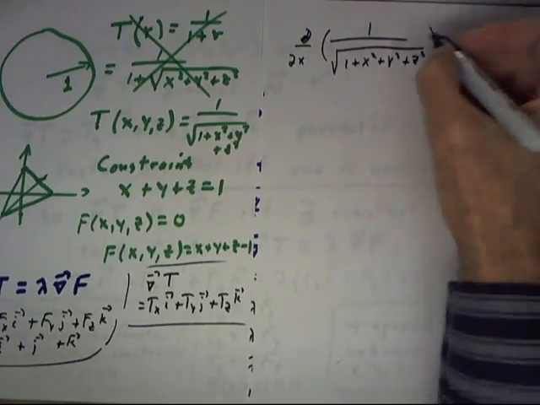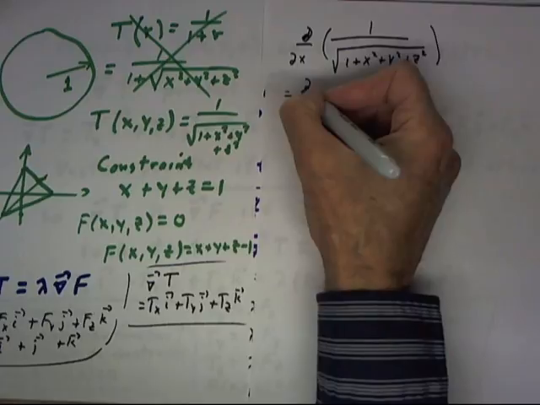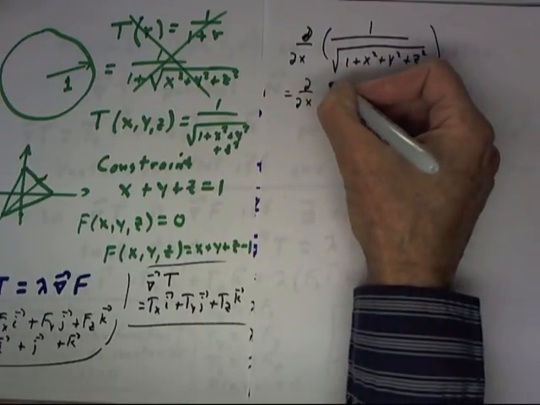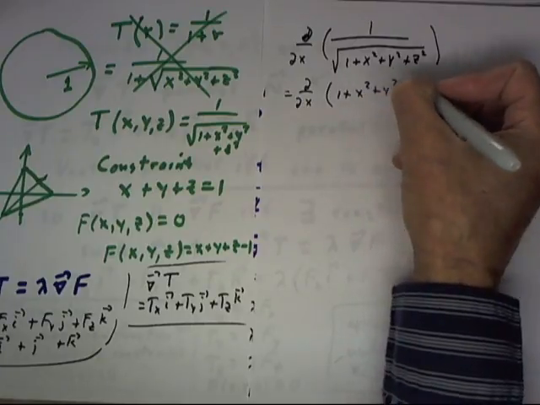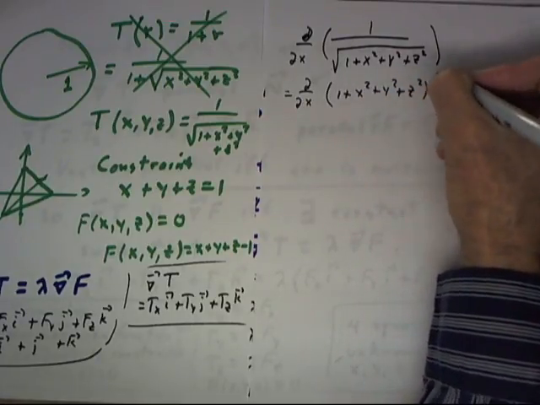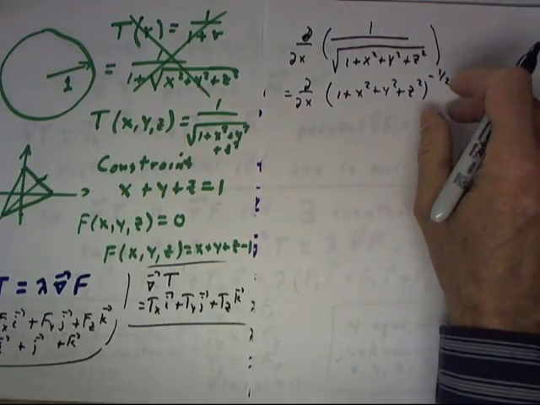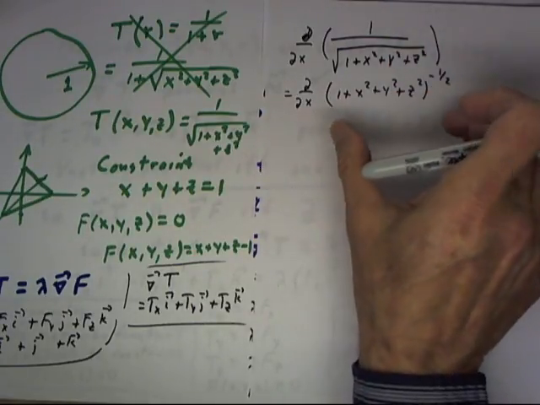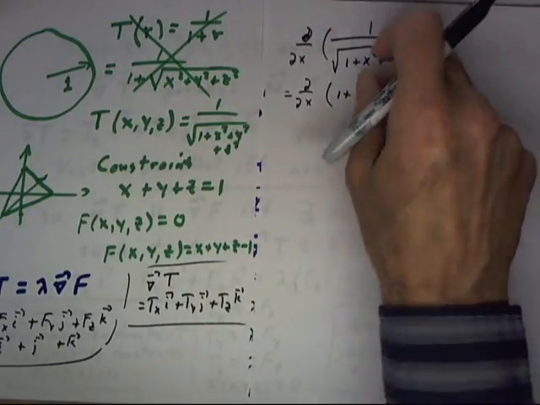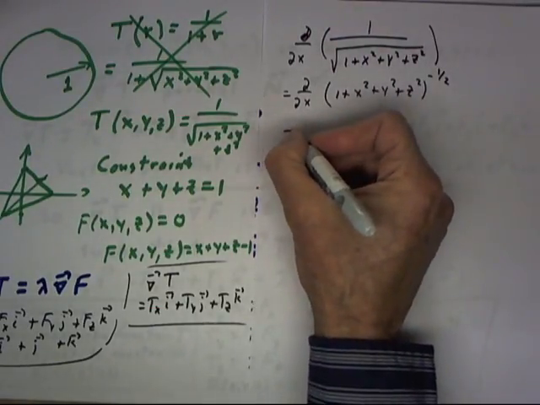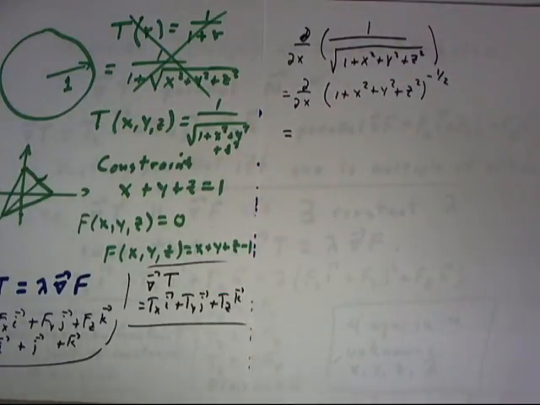Now, we can write that as the partial with respect to x of 1 plus x squared plus y squared plus z squared to the negative 1/2. Just using the power function notation eliminates one of the steps in the composite, reciprocal of square root of. And now we just have power function of.